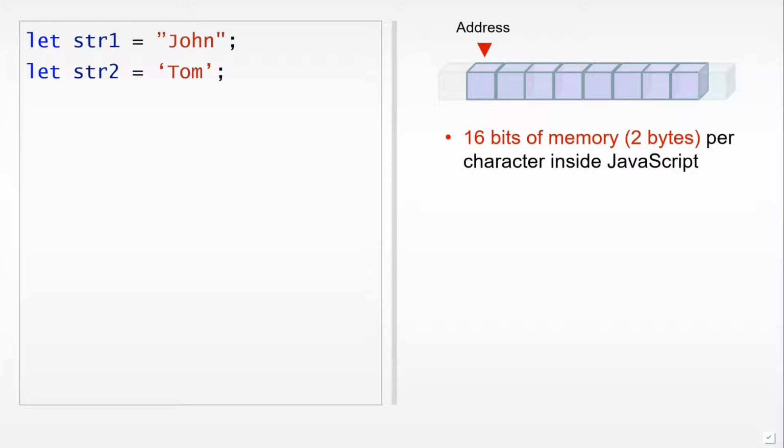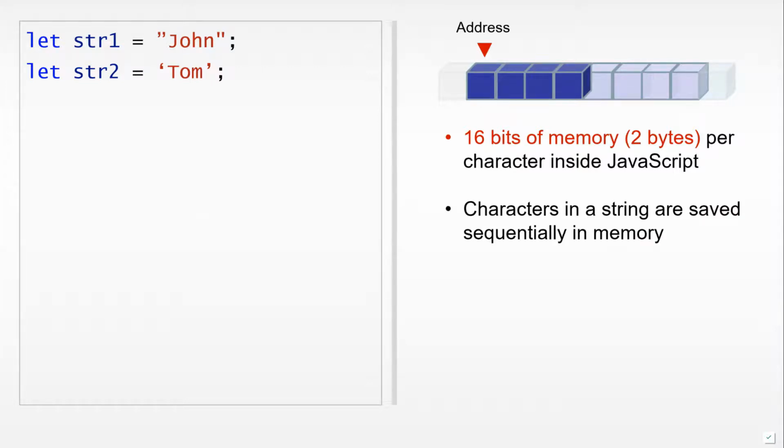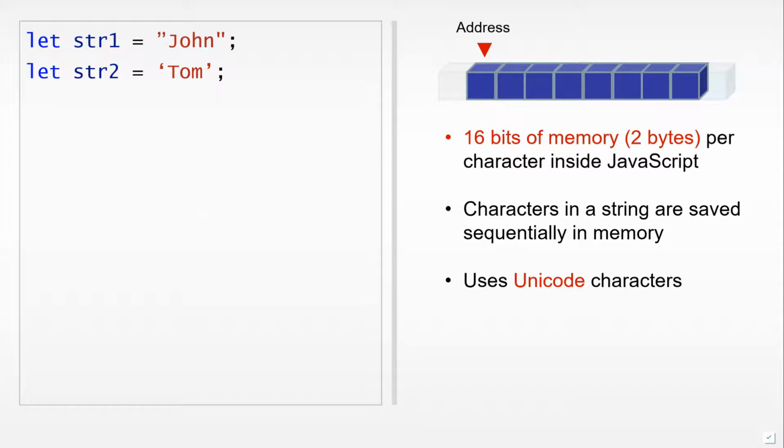Each character in a string would be preserved in 16 bits of data in memory. Characters in a string would be preserved sequentially. Each character would be represented using the Unicode standard, where a character gets converted into a number, which then gets input in memory.